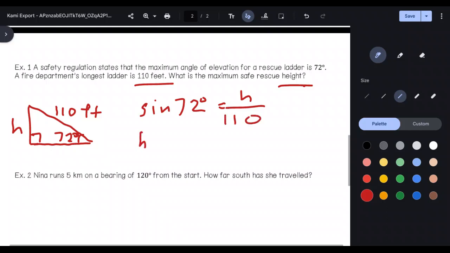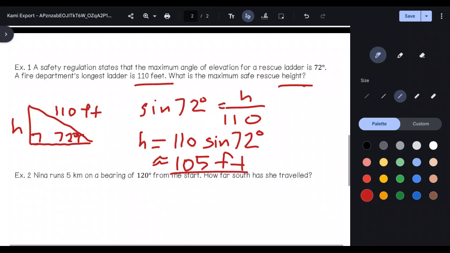And if you multiply 110 by both sides, you would get h equals 110 times sine of 72 degrees. Plug it into your calculator, making sure that it's in degree mode. You would get h is approximately, and if we use 3 sig figs, 105 feet. So that would be the maximum safe rescue height.